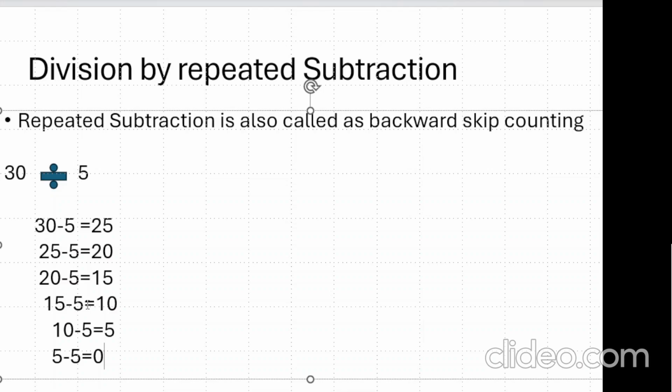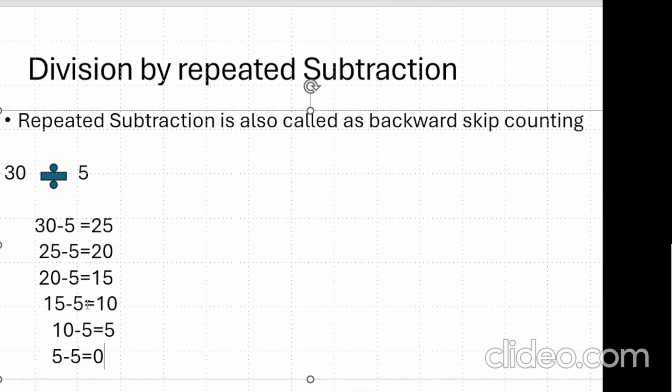So when we do it in this fashion, we have 6 steps that we have to do. 30 minus 5 is equal to 25 being the first. Then 25 minus 5 is equal to 20. 20 minus 5 is equal to 15. 15 minus 5 is equal to 10. 10 minus 5 is equal to 5. 5 minus 5 is equal to 0.